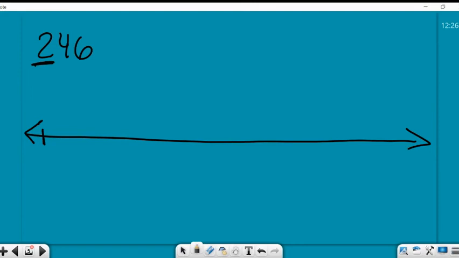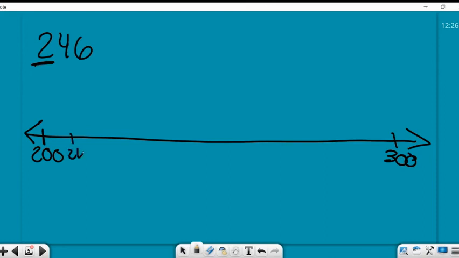But I'm at 246, I'm going to go backwards. 200 would be the first 100 that I came to. If I kept going forward, the next 100 would be 300. So instead of plotting the 100 points and plotting 246, I'm just going to count by tens.